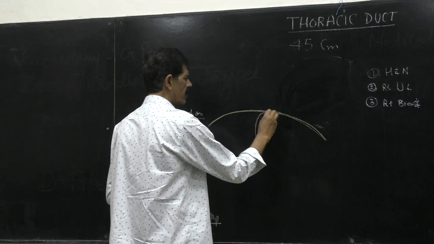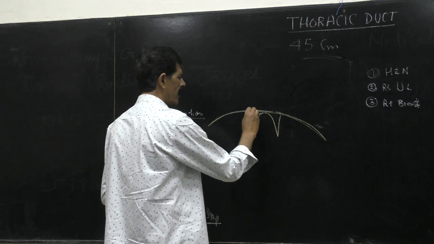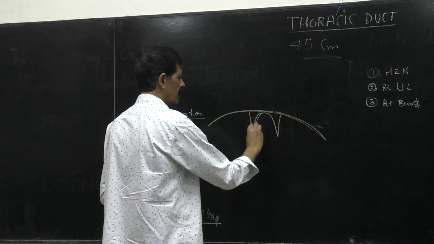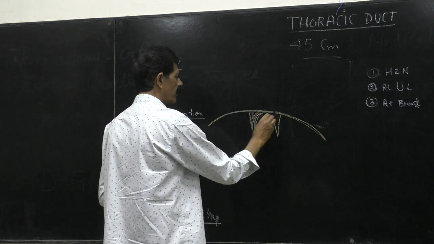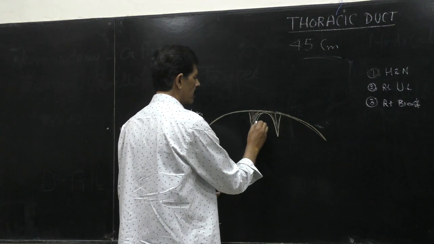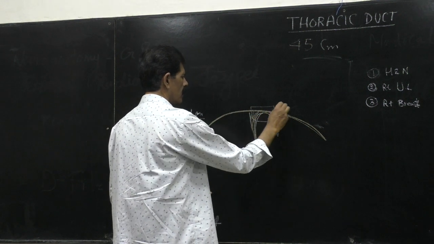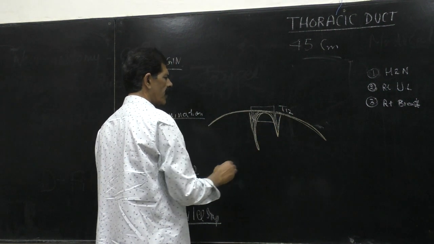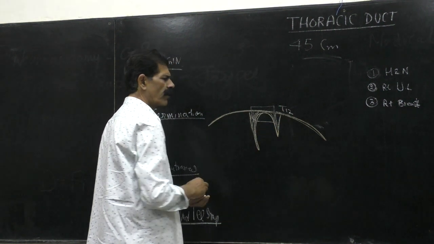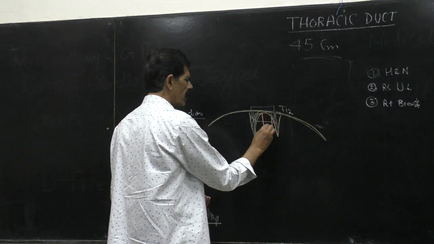And this diaphragm has an opening in the midline at the level of the T12 vertebra. So at the T12 vertebra, there is the aortic opening through which the thoracic aorta becomes the abdominal aorta.